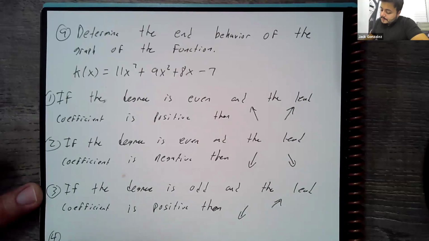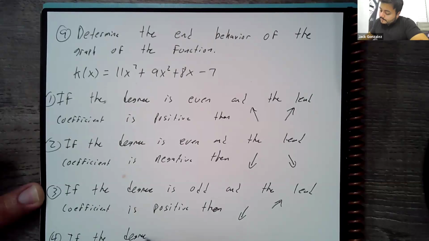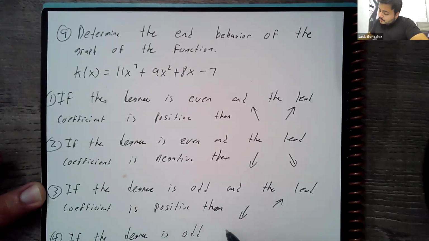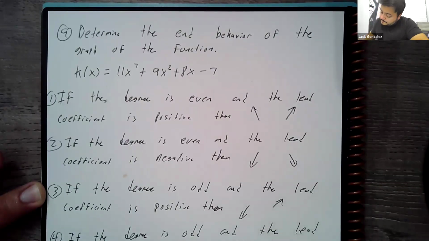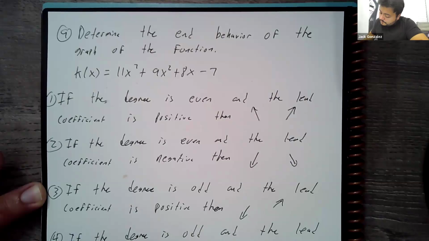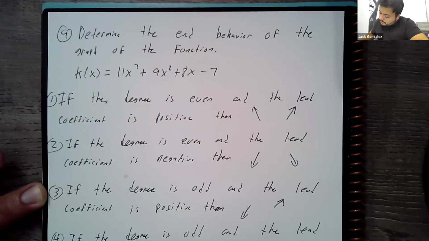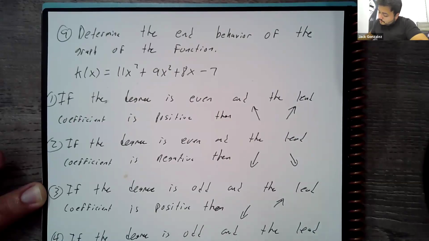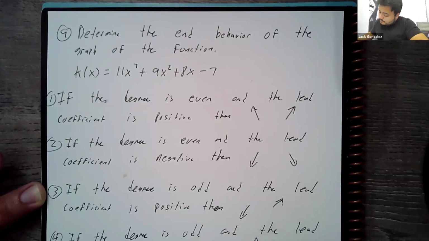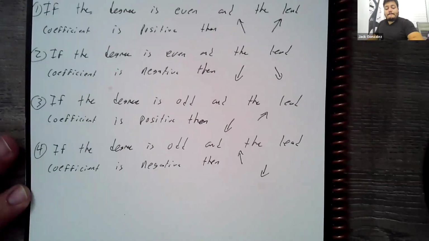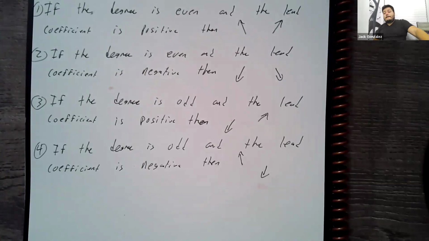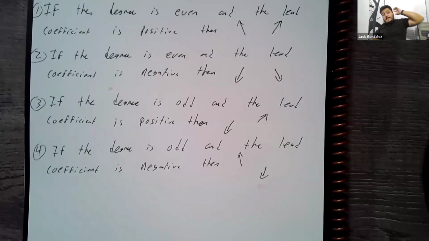Number four, if the degree is odd and the lead is negative, then it flips. Okay. So that's all you need to know for all of these questions.